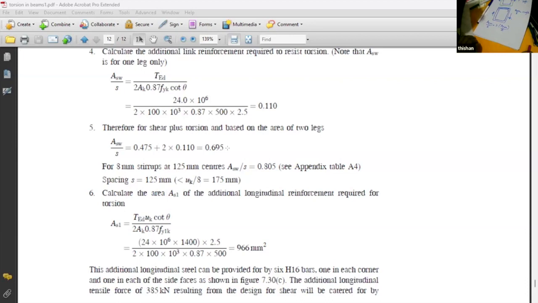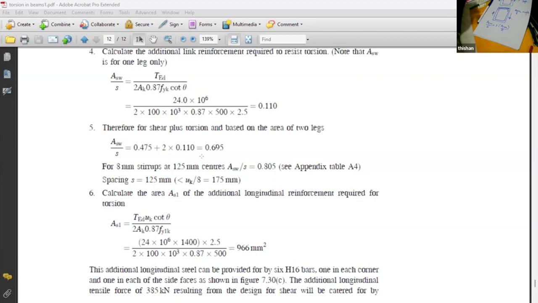Is that right, Bandhu? ASW is 50. 50 divided by 100. Yeah. 50 divided by 125 is 0.4. 0.4. Yes. All right. So these for two legs, right? So 0.4 multiplied by 2, 0.8.